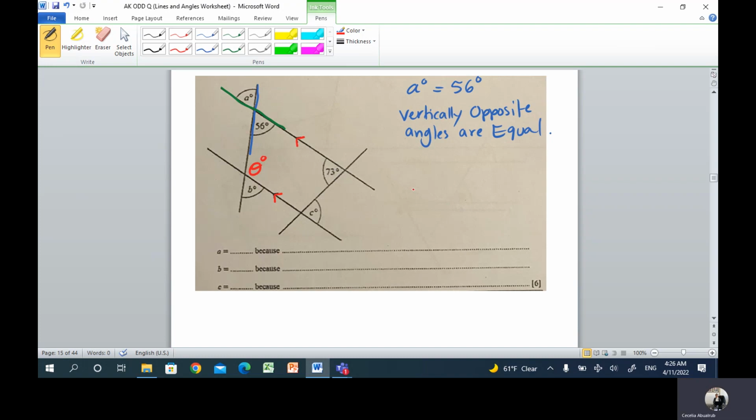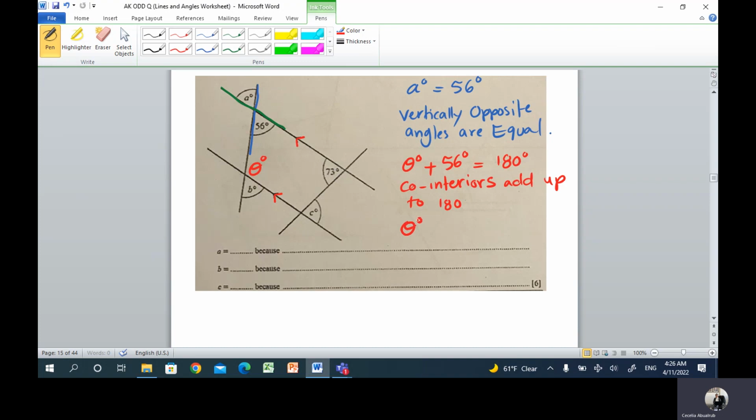Okay, so we're going to say that theta plus the given 56 is equal to 180. Why? Because co-interior angles add up to 180.